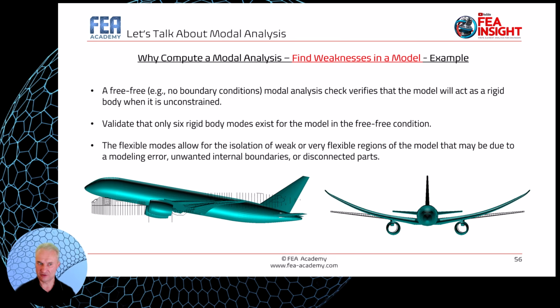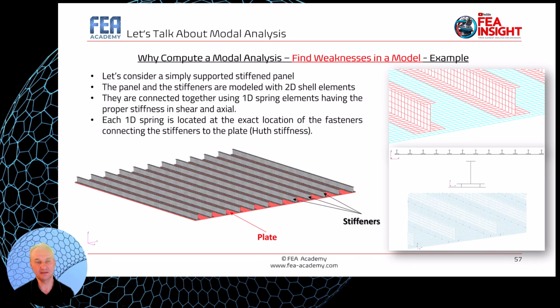On top of that, the flexible modes allow for the isolation of weak or very flexible regions of the model that may be due to a modeling error, unwanted internal boundaries, or even disconnected parts. So let me illustrate this kind of verification using another simple example.